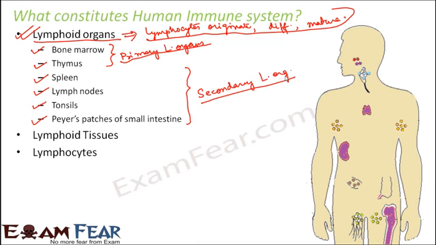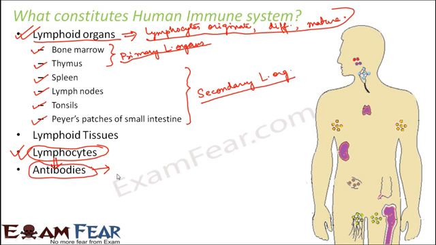The lymphocytes are like the hero of the immune system because they do the main job. The plasma B cells will produce the antibodies, the memory B cells will remember or recognize the antigen, and the T cells will stimulate the B cells to produce antibodies. Antibodies are the chemicals produced by the lymphocytes and they fight antigens. So this is all about the human immune system.